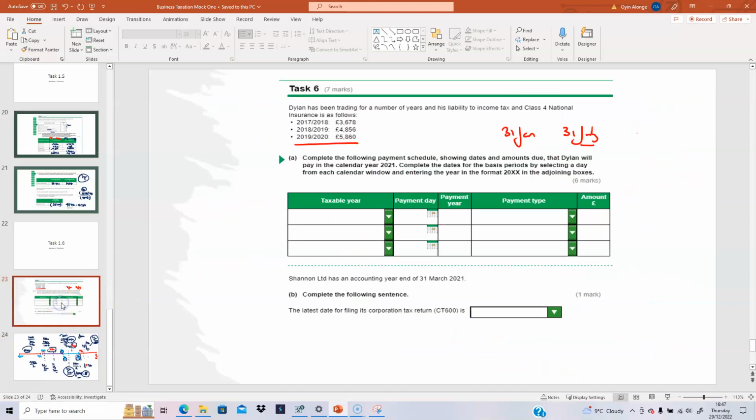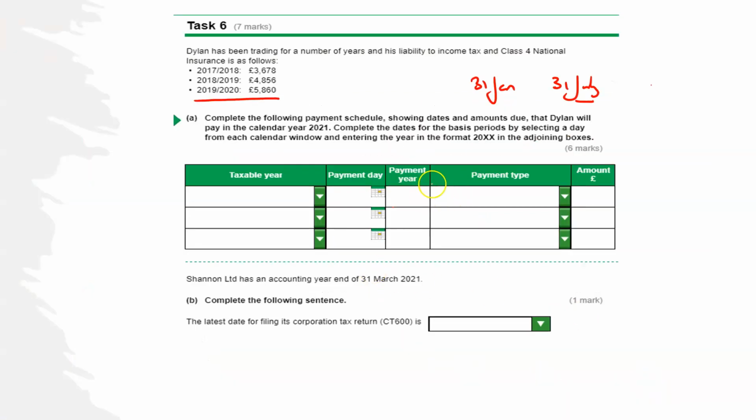Right. So yeah, so these are all, let me just write those in there. So this is all 2021, 2021, 2021, 31st of Jan, 31st of Jan, 31st of July is 1004, 2930, 2930.